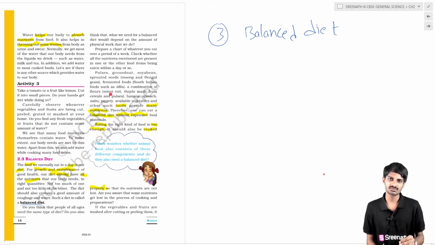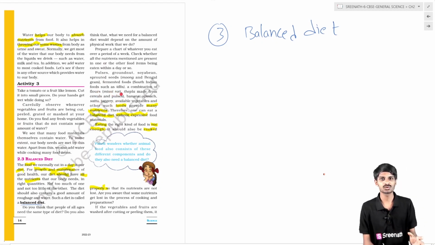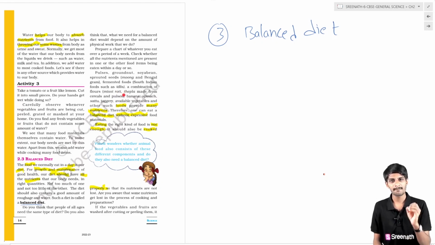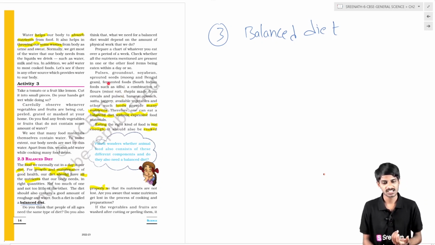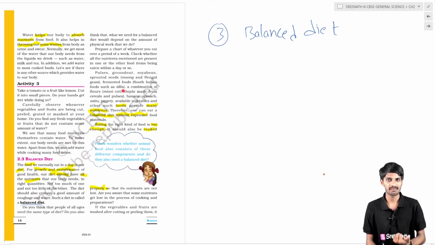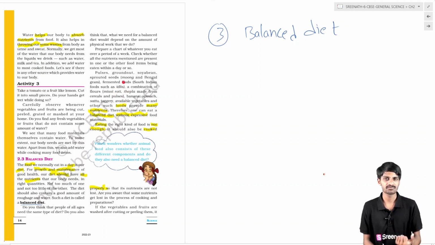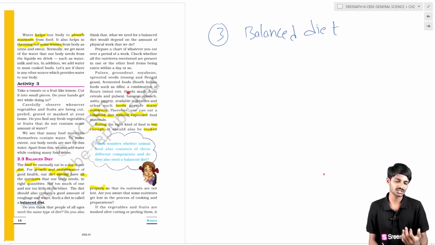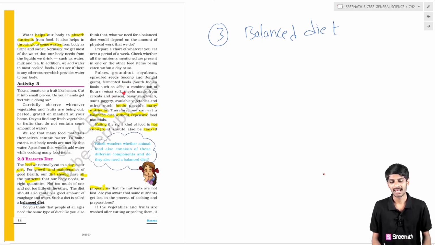If you eat all these foods, you will get all the nutrients, and your diet will be a balanced diet. So this is the cheapest balanced diet. Every person can afford a balanced diet. It is not only meant for rich ones.